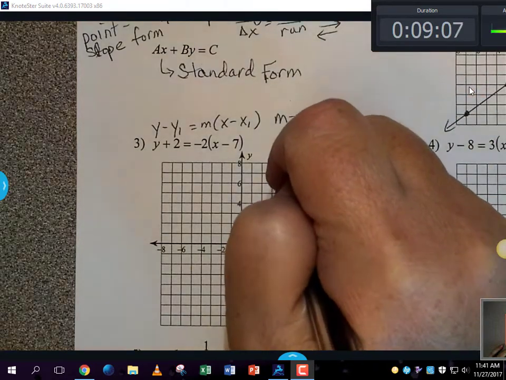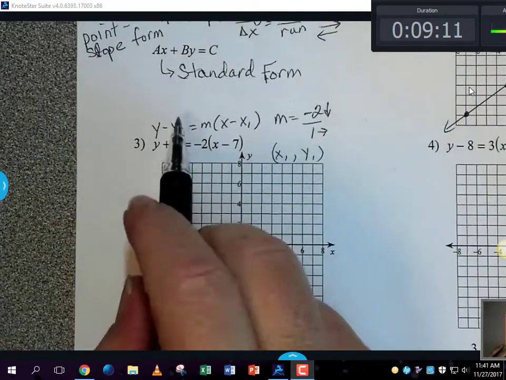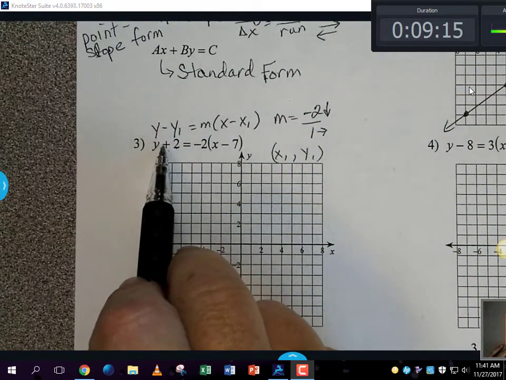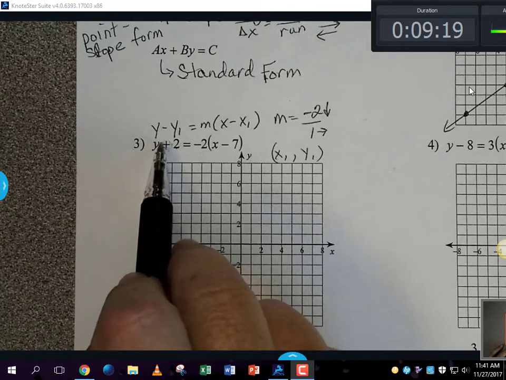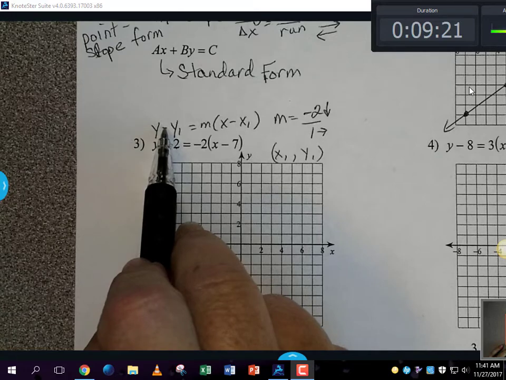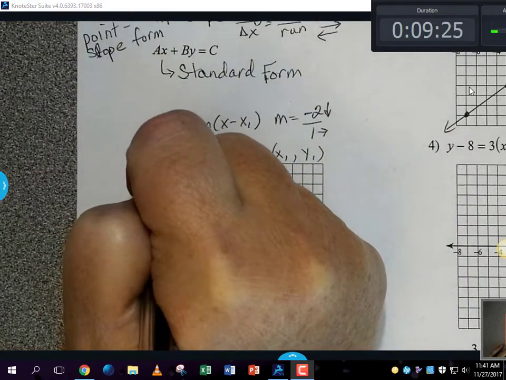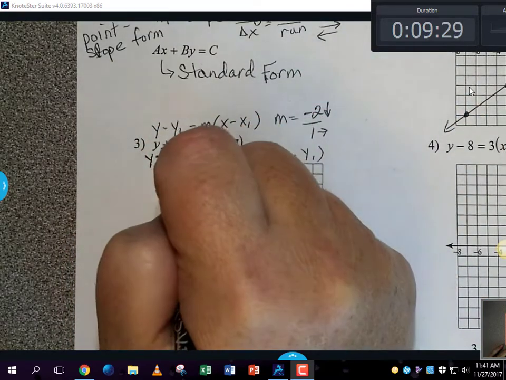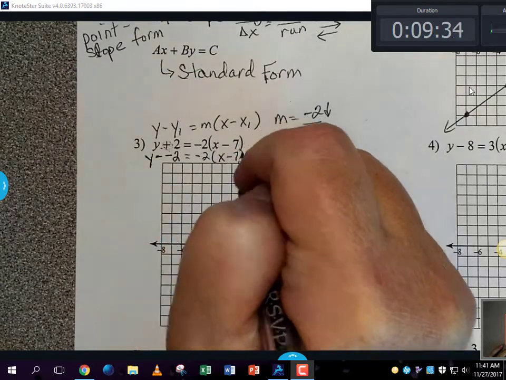Then I need to identify what my point is, my x sub 1 comma y sub 1. So I look at this and I go, oh, wait a minute, there's not a minus, it's a plus. So how did this plus come to be when the template has y minus y1? It came from y minus negative 2 equals negative 2 times the quantity x minus 7.